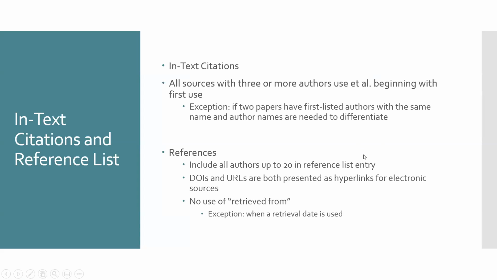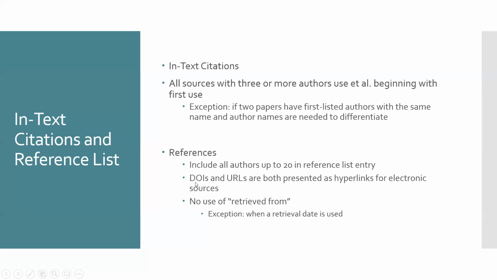The only exception to this is if 2 papers have the same first author listed with the same date of publication. So if Smith, whoever Smith is, wrote 2 papers in the same year and was first author on both of those papers, that would be the only case in which you're not going to use that et al. modifier.